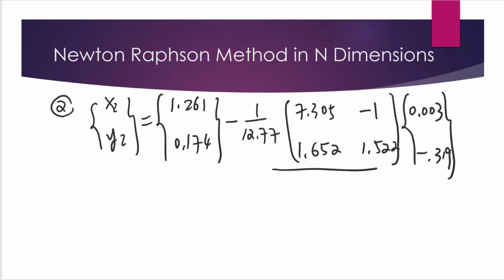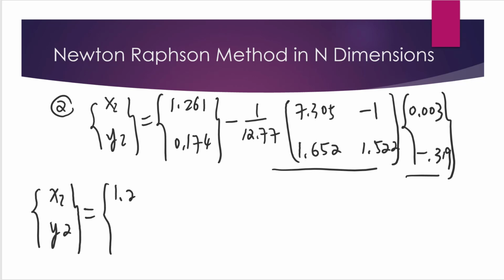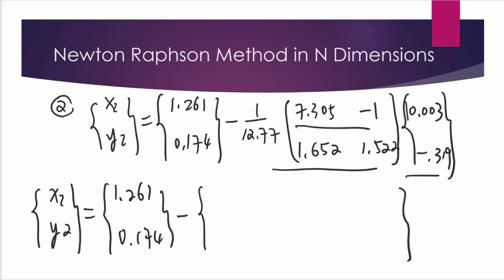All right, so you can multiply this 2 by 2 matrix times the 2 by 1 vector, which will be a 2 by 1 vector, so we can write it up. So the first element will be this vector times this vector.